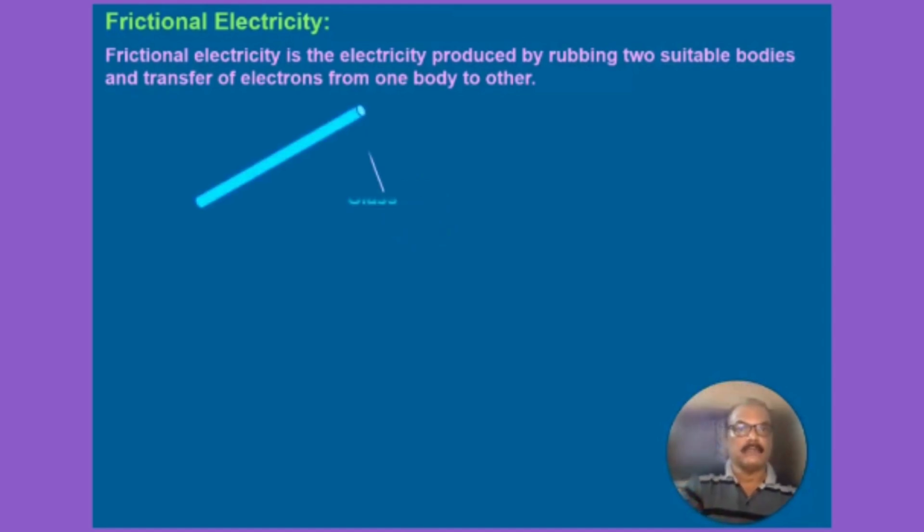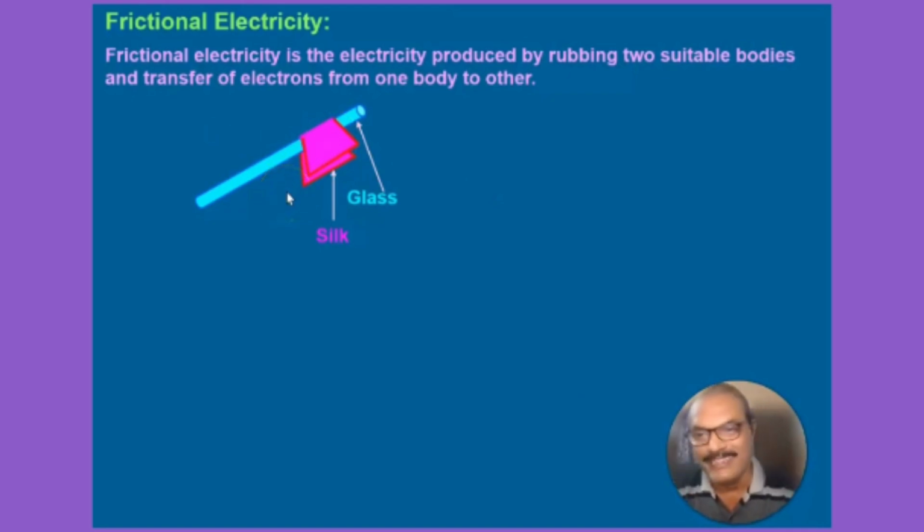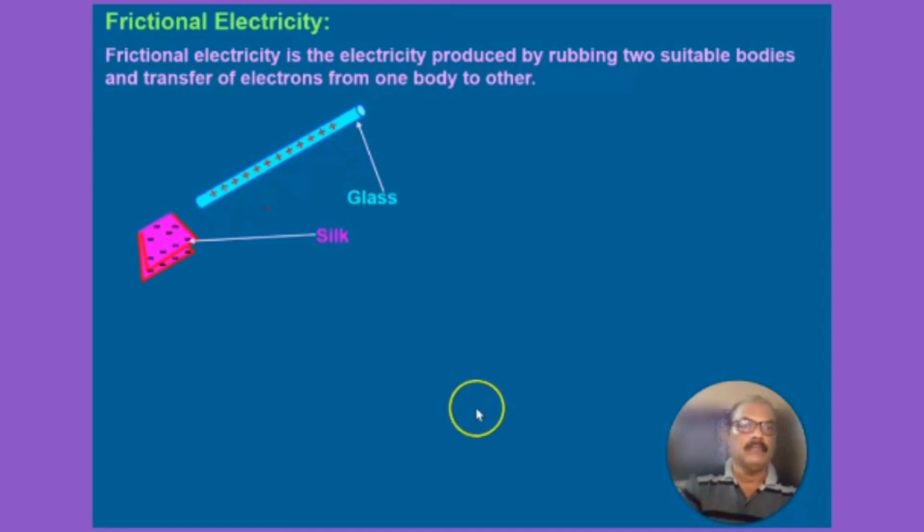Look at this animation figure over here. This is your glass rod, and a silk piece is kept over it. What will happen when you rub the silk on the glass? A wonderful thing you are going to see here: charges will be generated.